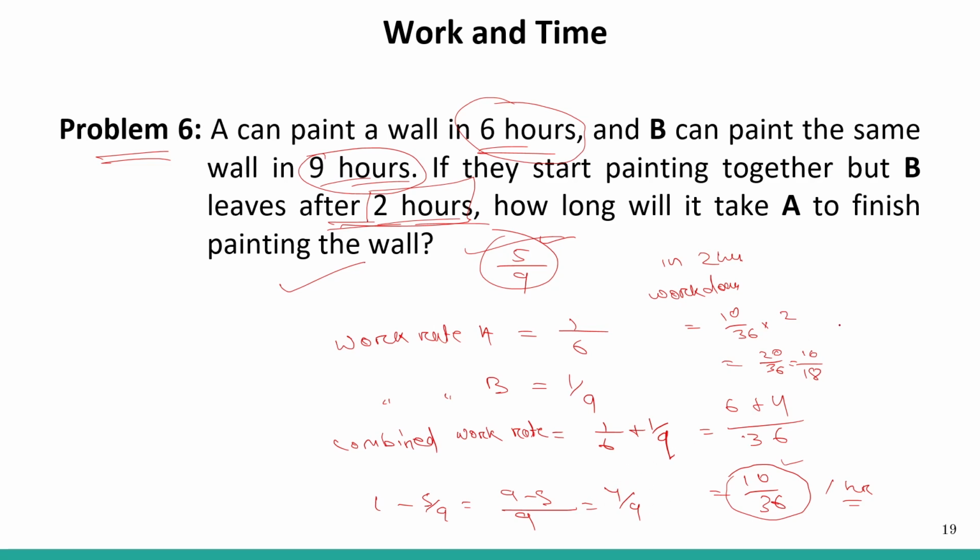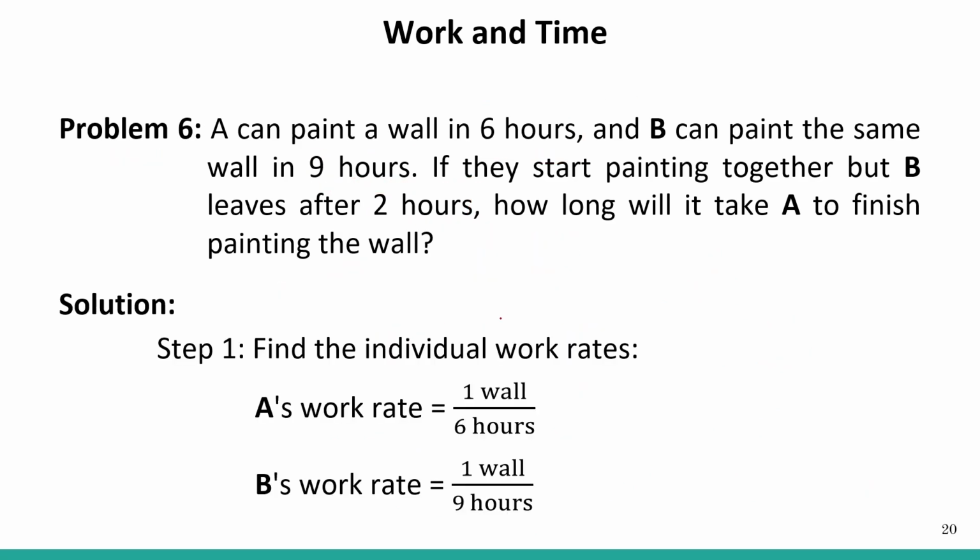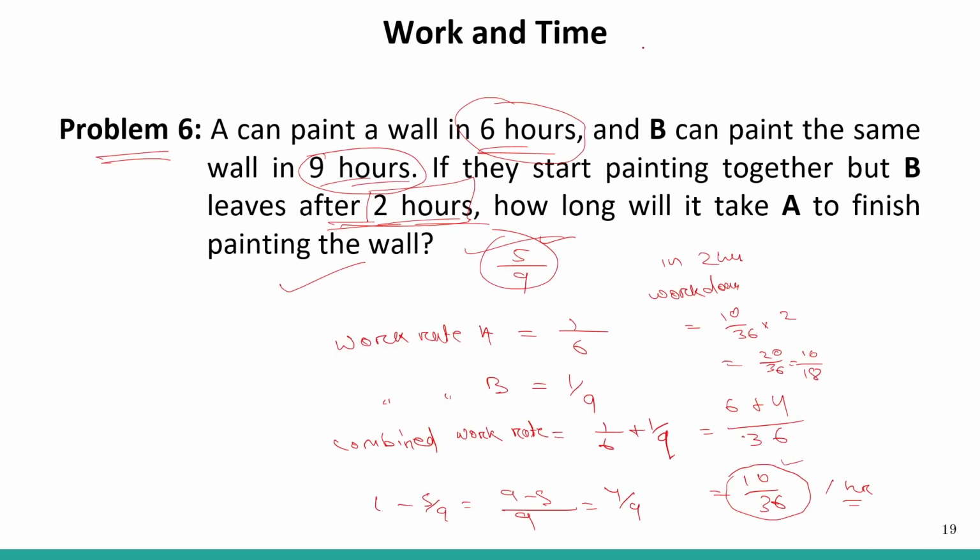How can we know? We can use the formula: time needed is equal to remaining work divided by work speed. Remaining work is 4 by 9, and A's work rate is 1 by 6.